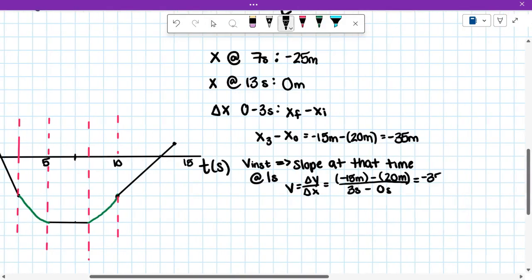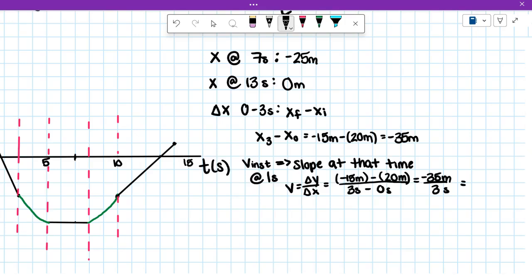So negative 35 meters in 3 seconds. That is not going to be a great number, but that's okay. 35 divided by 3. It's going to give me 11.7, or not seconds, whoops, meters per second.